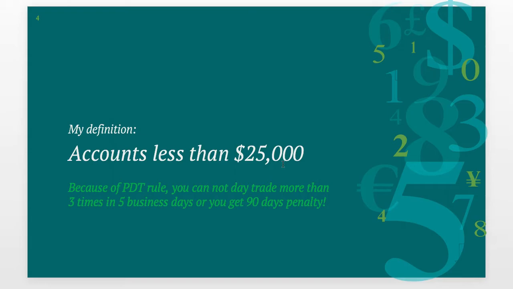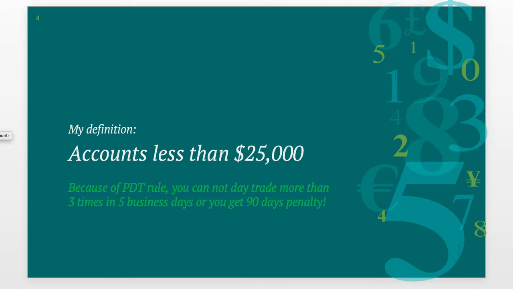You have 3 day trades in 5 business days, which means you can buy a stock and sell it on the same day just 3 times in 5 business days. And if you don't follow that, you get a 90-day penalty and you cannot trade.